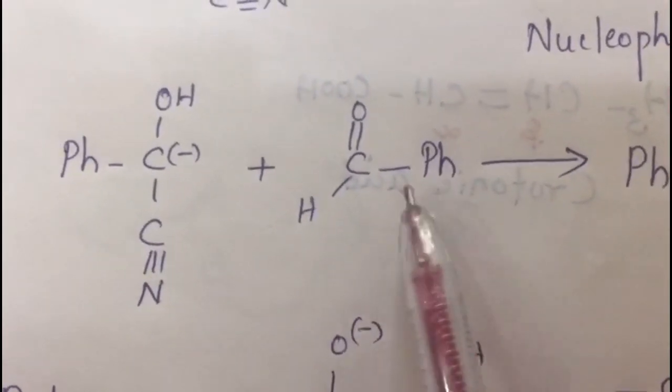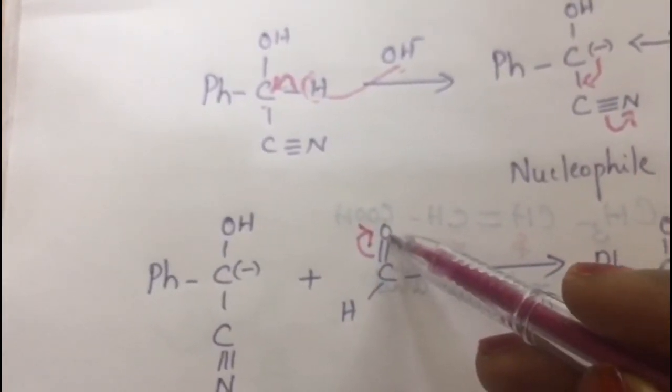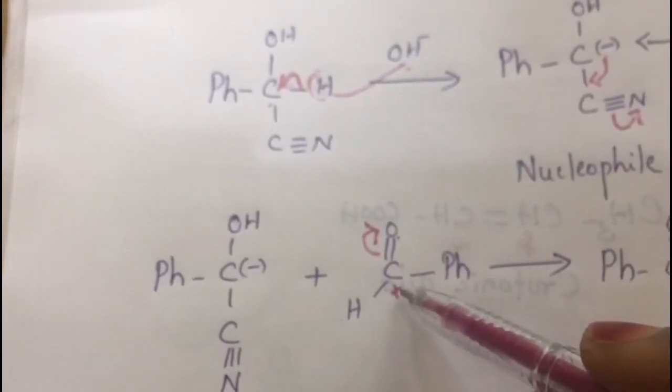In the next step, this carbanion, PhCOHCN-, will react with the second molecule of benzaldehyde, C6H5CHO. Here also carbon is the electrophilic center. So this electron will shift towards oxygen, so it will be O-, and carbon will have a positive charge.